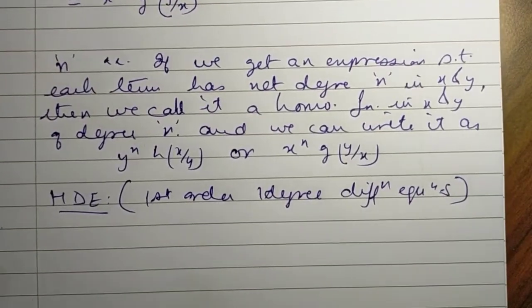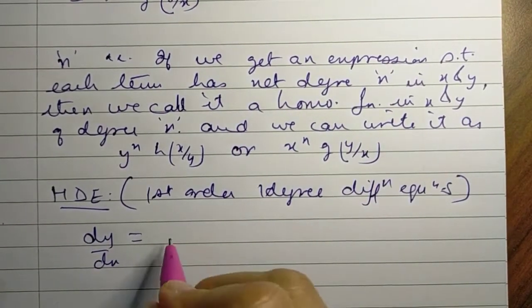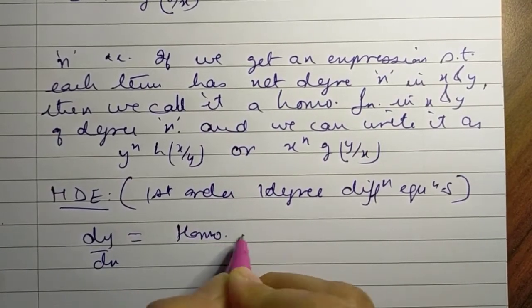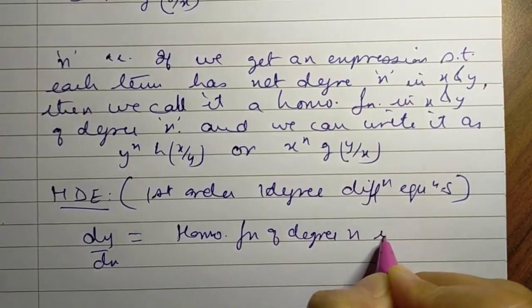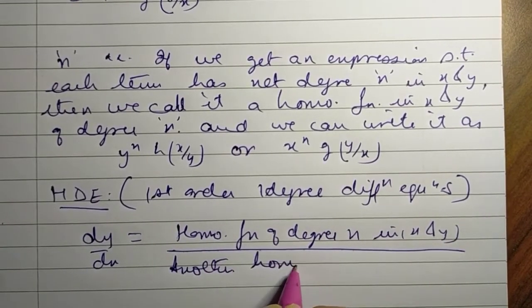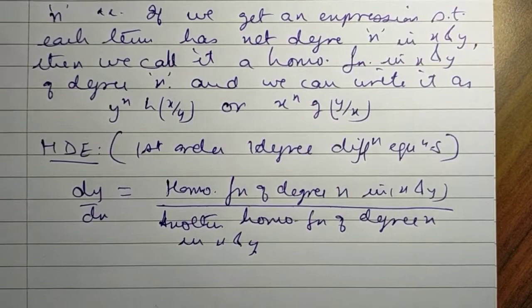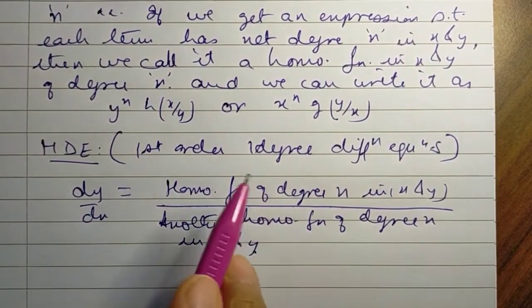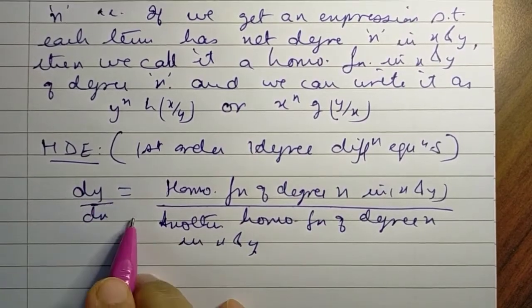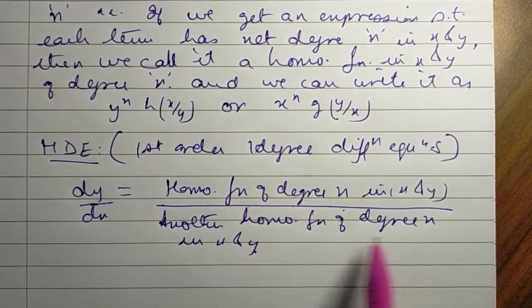So if we have a differential equation given to us which is such that dy by dx is equal to some homogeneous function of degree n in x and y upon another homogeneous function of degree n in x and y.